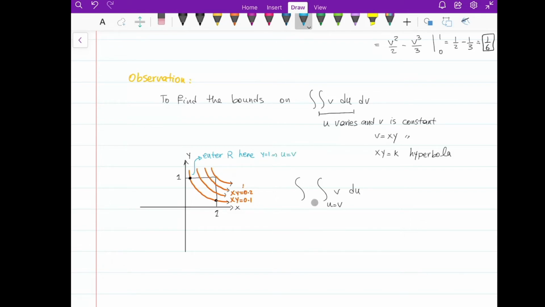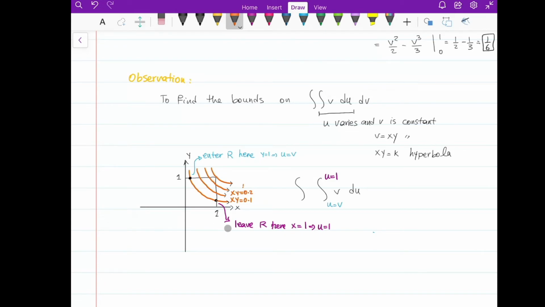So I have u equals v here. And then they leave R here, and on here x is equal to 1, which is basically u equals 1, right?